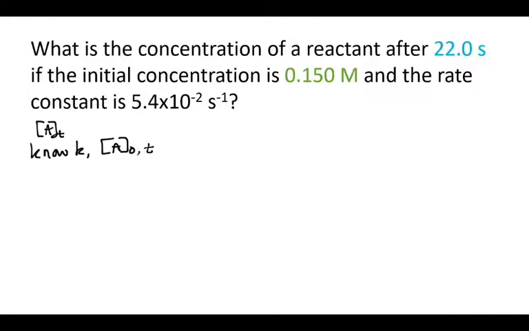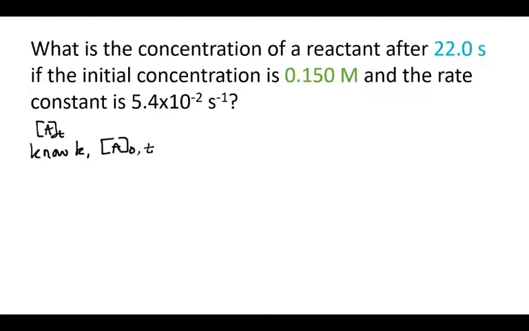Okay, so what connects these things? We need the integrated rate law because we want to know concentration at a particular time. But how do we decide which form of the integrated rate law to use? Well, somewhere in this problem is going to be a clue about the order in a particular reactant. Sometimes it just says the reaction is first order, but I'm not seeing that here.